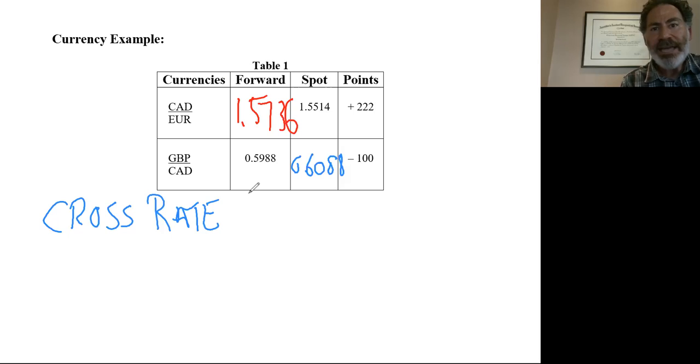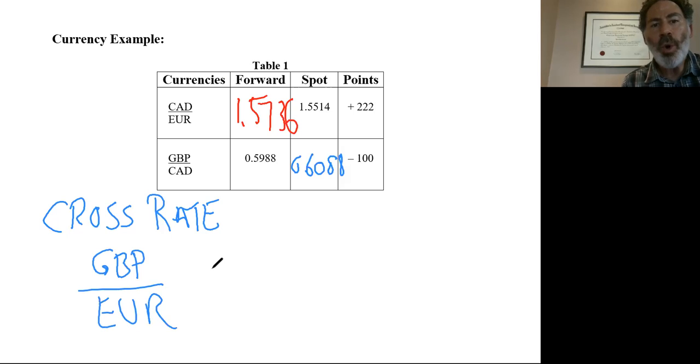But if I wanted to calculate the British pound per euro, then I would look at the quotations that are given and line them up so the math cancels each other out.